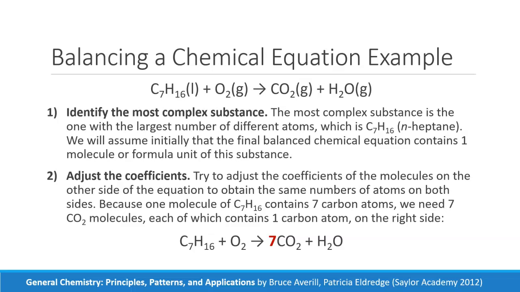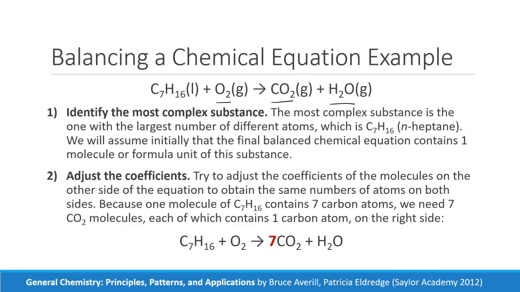The first example that we're going to experience is a combustion reaction. And the way that I know that it's a combustion reaction is because of the CO2 and H2O products, as well as that O2 reactant. So what will change is the carbon-hydrogen compound, and it could even be carbon, hydrogen, and oxygen.